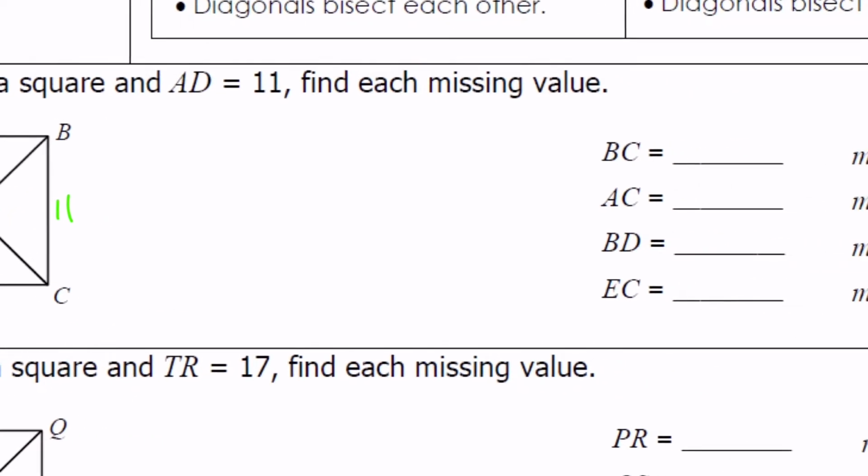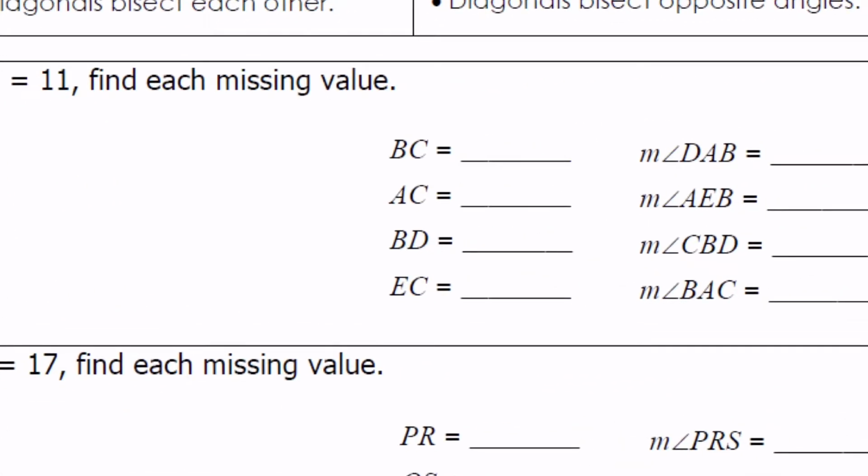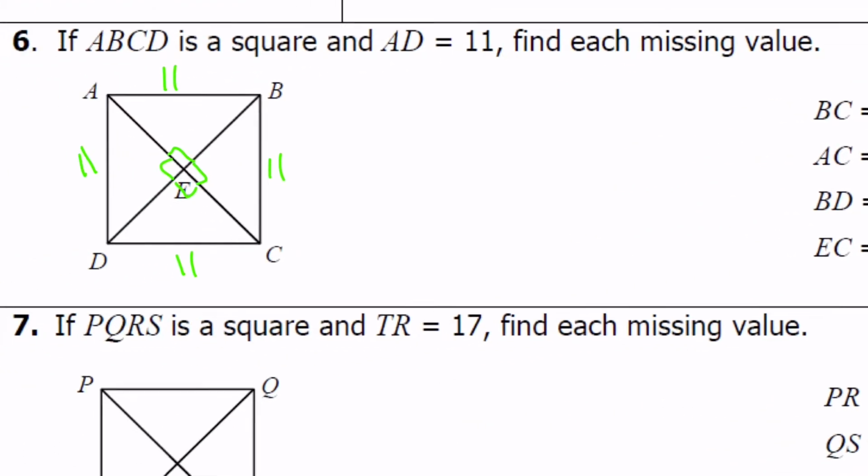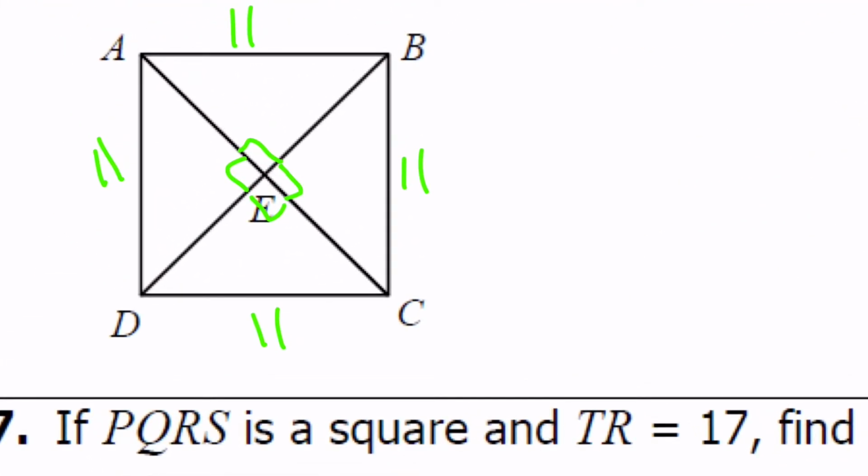Okay, to find BC, that's congruent to AD, so that one's easy. It's 11. AC, we can do like we did with rectangles. So since all those in the middle are 90-degree angles, also remember all of these are 90-degree angles.